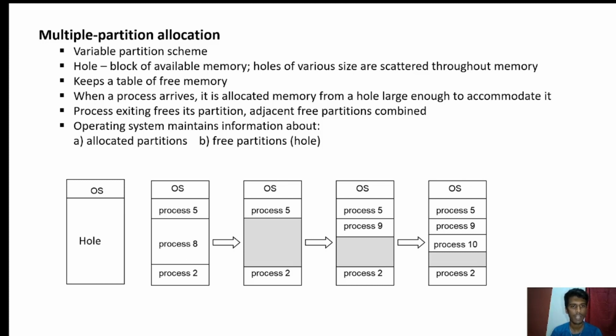When a process arrives, it is allocated memory from a hole large enough to accommodate it. When a process exits, it frees its partition, and adjacent free partitions are combined.